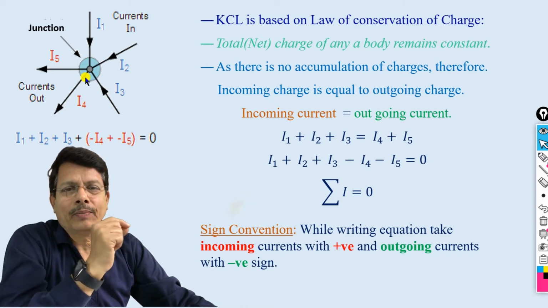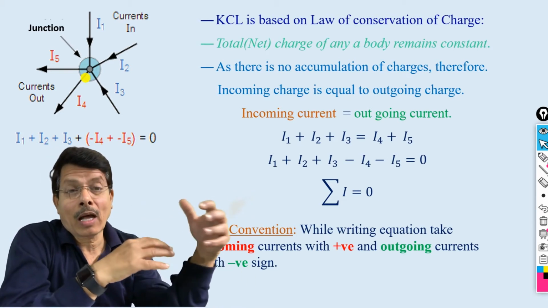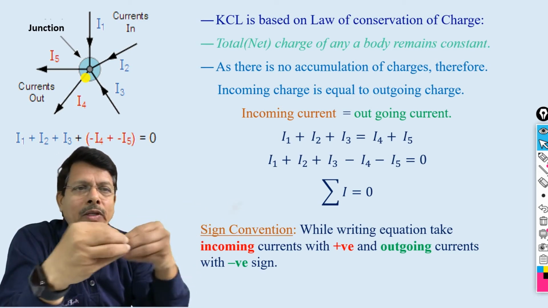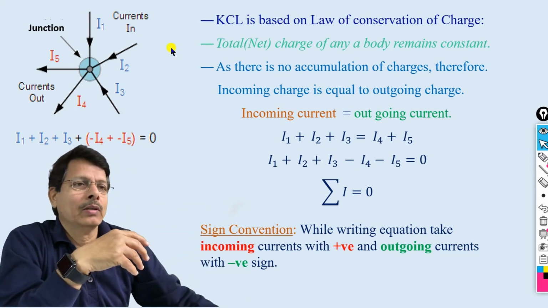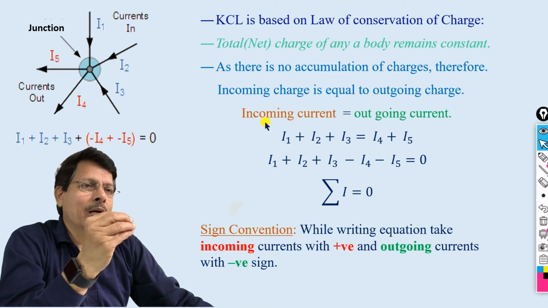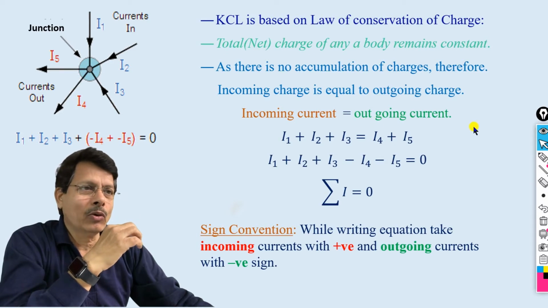So at a junction, there can be incoming, approaching currents, and there can be outgoing currents leaving the junction. According to the law of conservation of charge, incoming current is equal to outgoing current.